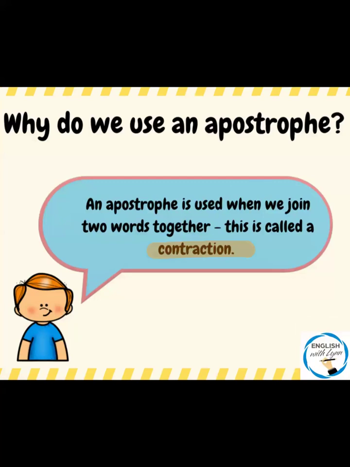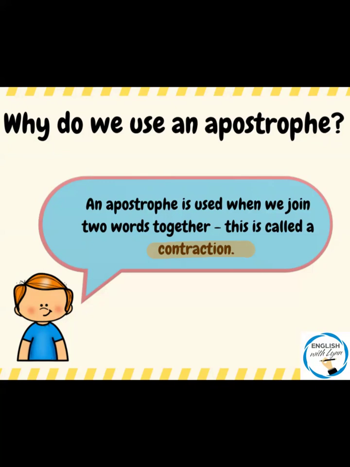You might also hear this referred to as an apostrophe for omission. And what that means is, omission means that words have been, or letters have been missed out of the words. So it is either the apostrophe for contraction or the apostrophe for omission.